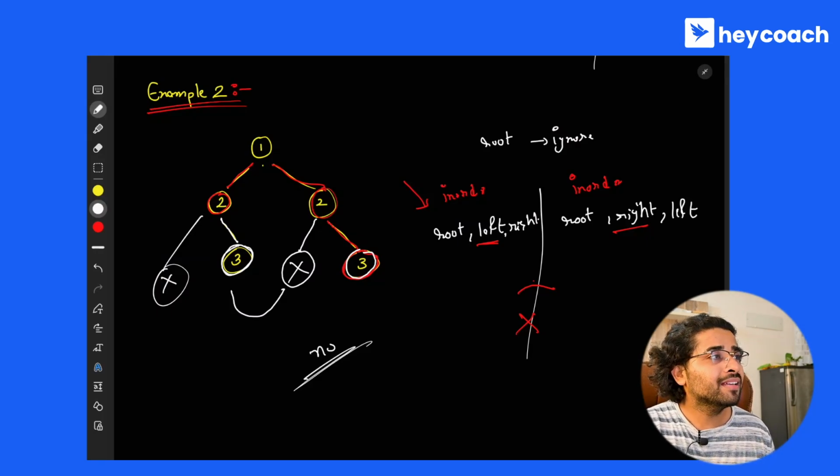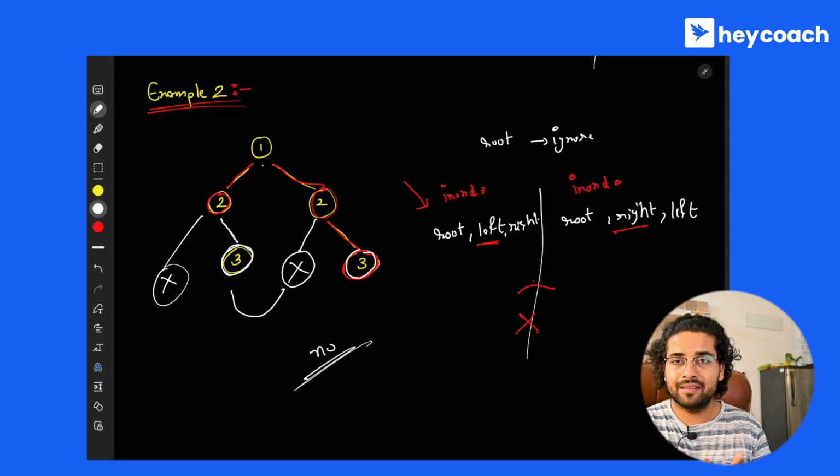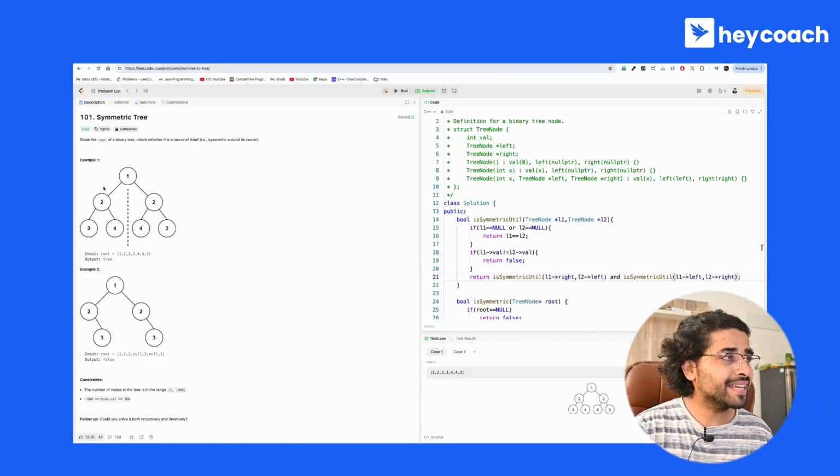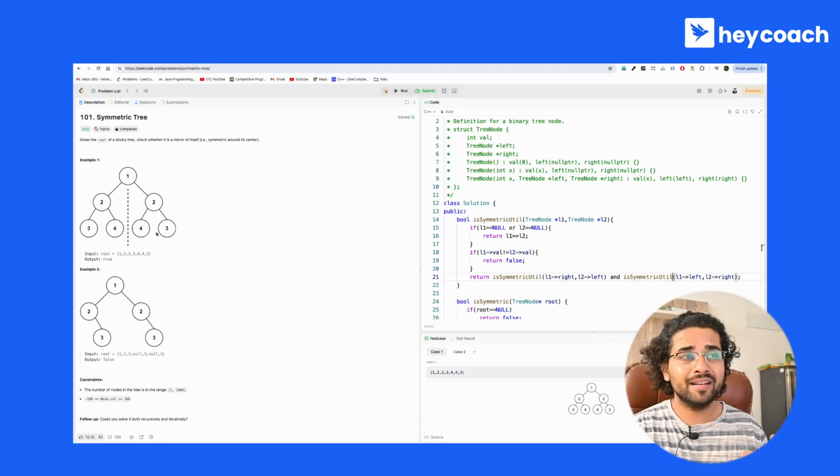We are checking whether this left subtree is a mirror of the right subtree, around the center. Let's consider this example. 2 3 4 is the left subtree of a binary tree, and 2 4 3 is the right subtree of a binary tree.